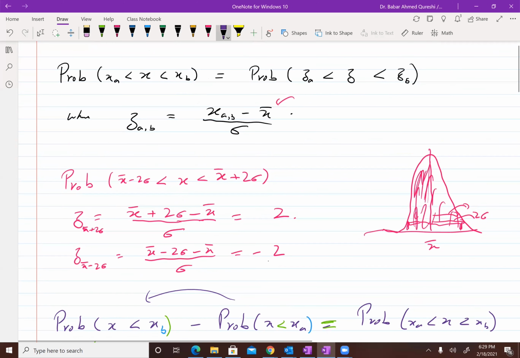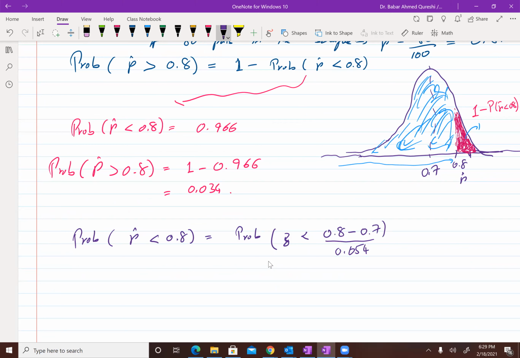This is called the Z value, Z score. It's also written in the book. So 0.8 minus 0.7, which is 0.1, divided by 0.054.